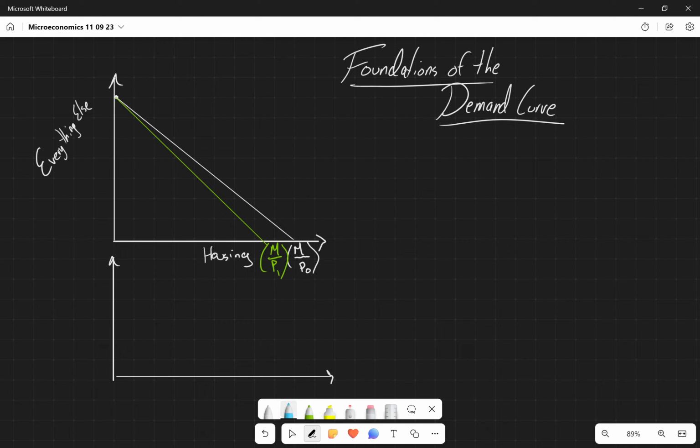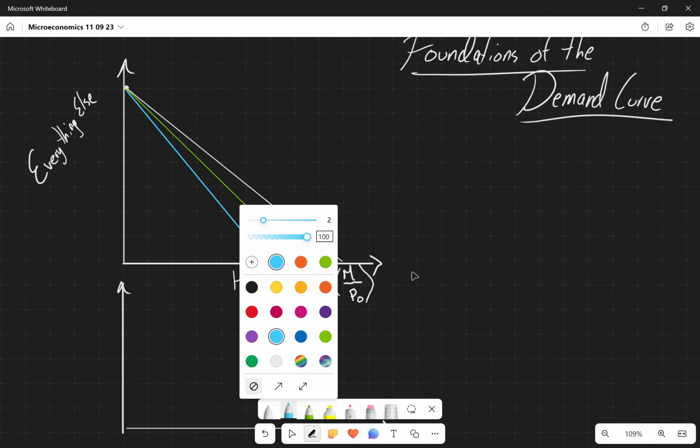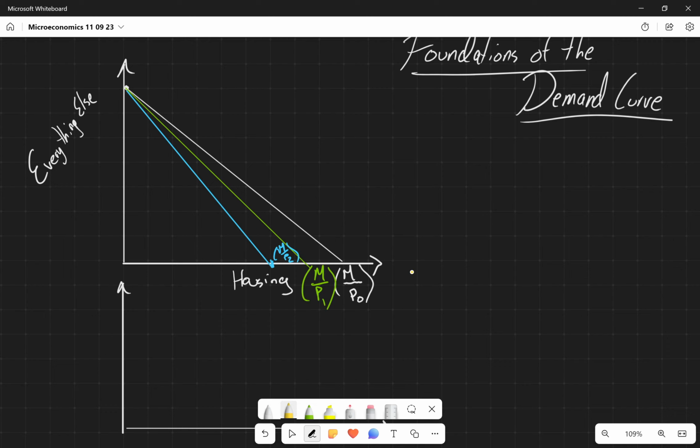And we're going to keep on doing this. We're going to end up with some value here, which is going to be m over P2. And then we're going to have a line that travels from the vertices down there. And lastly, we have some sort of m over P3 down here. So we draw another line here.